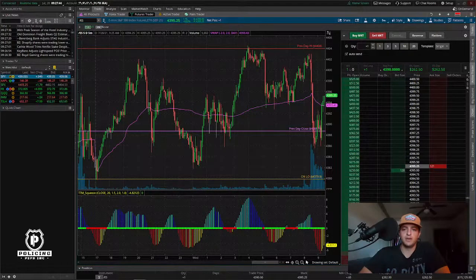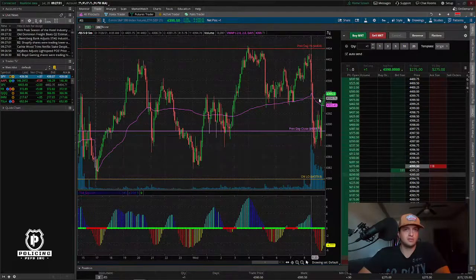Here we go, above 95. Now hopefully it can hold in there and accept into this zone. That was the resistance for a while.